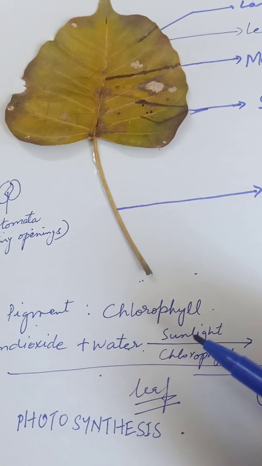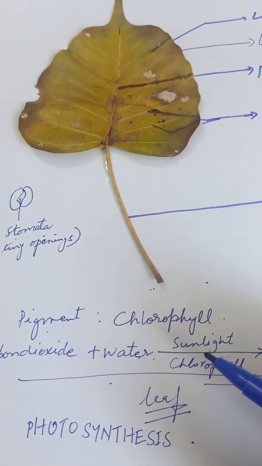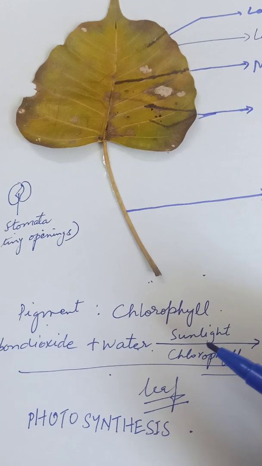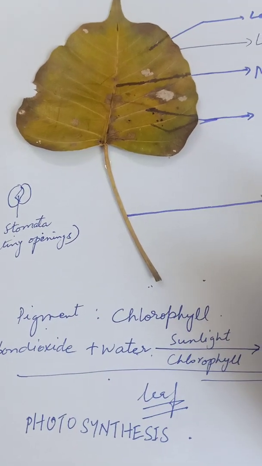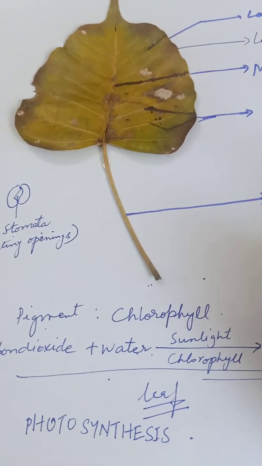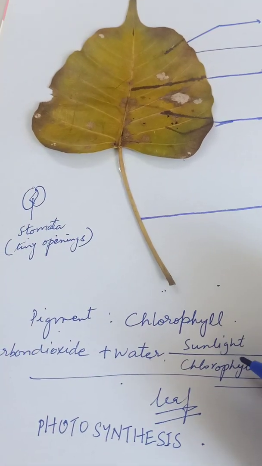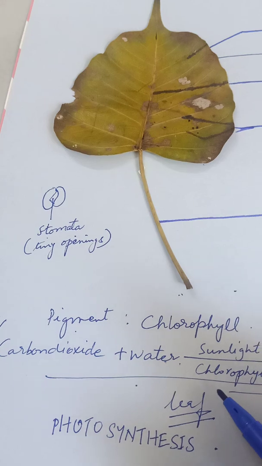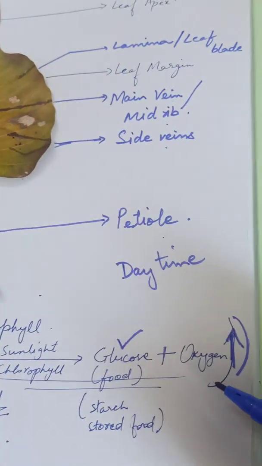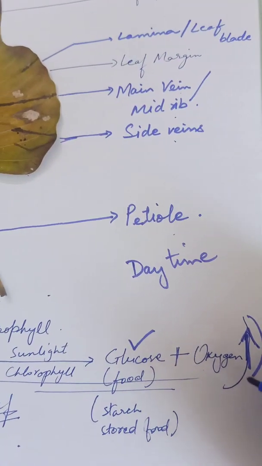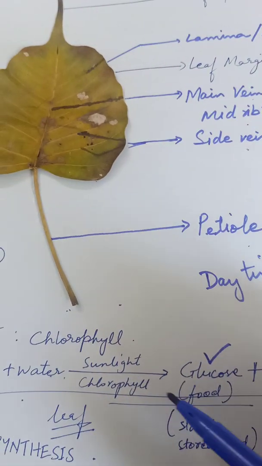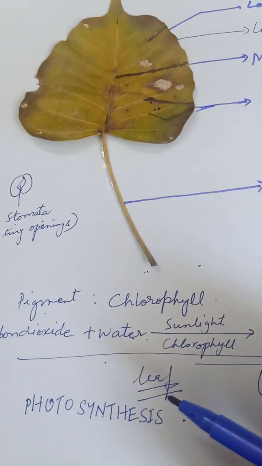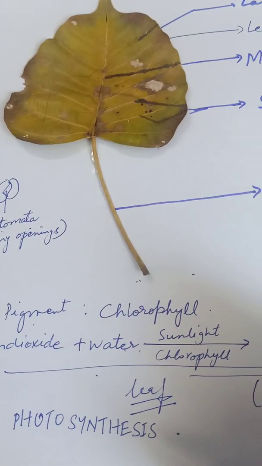That is why photosynthesis does not occur during the night time. It always occurs during the daytime because there is sunlight. Solar energy is trapped by the chlorophyll to provide energy for this reaction, and then glucose is formed and oxygen is liberated out. This whole reaction is known as photosynthesis.